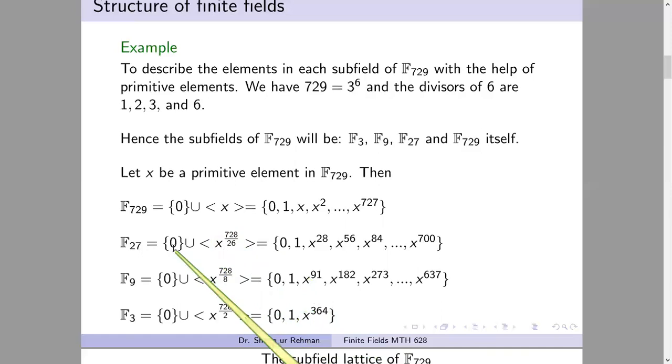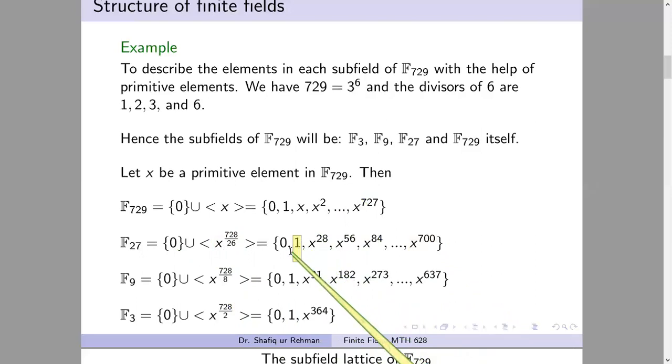So the elements will be 0, x power 28, 56, 84, and so on, taking the powers up to x power 700, and after this x power 728, which equals 1.